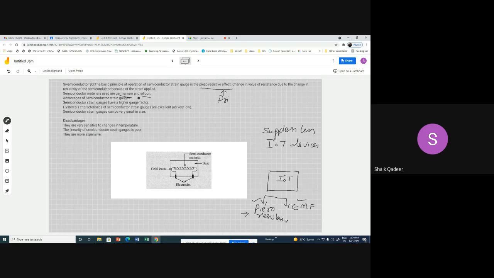This is important, as I already discussed. The gauge factor of a semiconducting strain gauge is very high. Typically, how much did I tell you? 100 to 200, plus or minus. Is it clear?